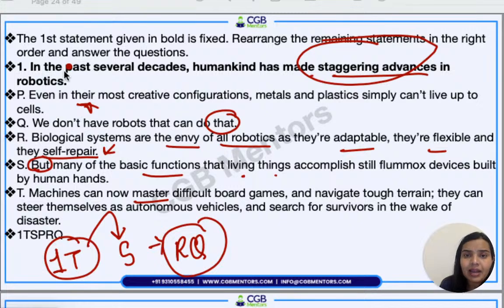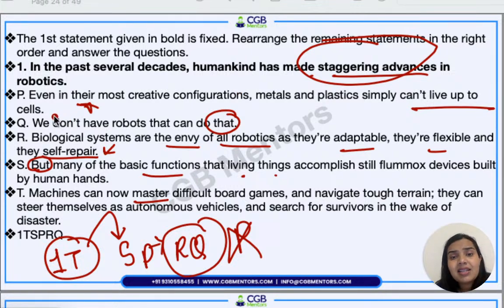Now P is remaining. P is: even in their most creative configuration, metal plastics simply cannot live up to cells. So there were two possible places for P. Either put P last or put P here, because P is also negative. Putting it last will make no sense because in S we are saying that many of these accomplished things still flummox devices built by human hands. And even in the best configuration they simply cannot live up to the cells.